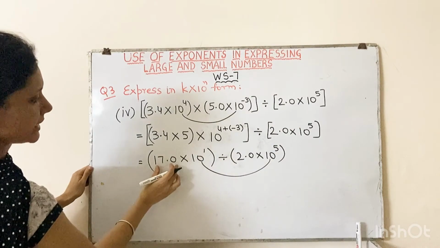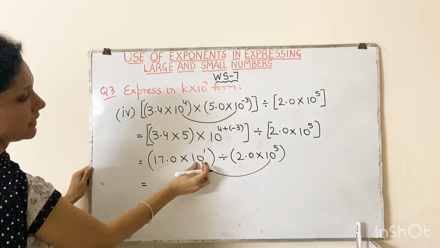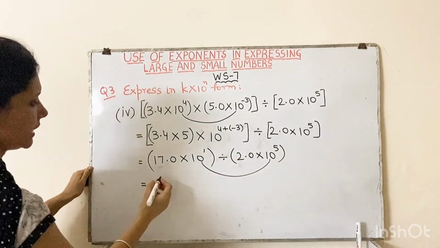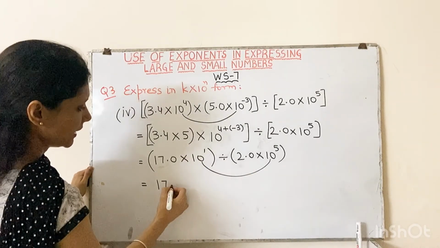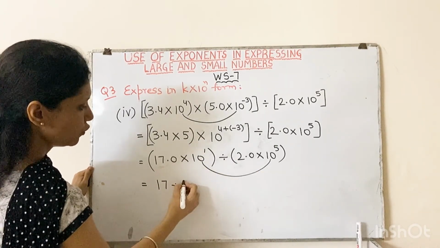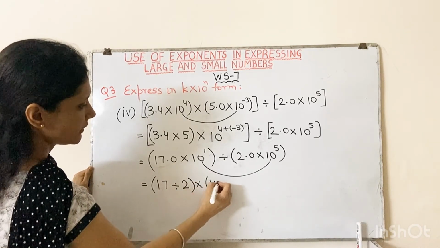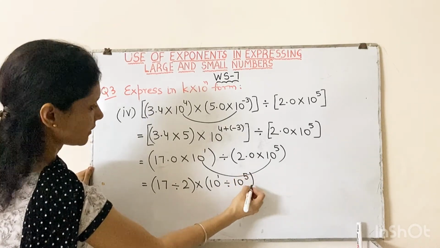So this is 17.0 divided by 2.0 and 10 raised to the power 1 divided by 10 raised to the power 5. So let's write them together. 17.0 is actually 17 divided by 2.0 is 2 and 10 raised to the power 1 divided by 10 raised to the power 5.